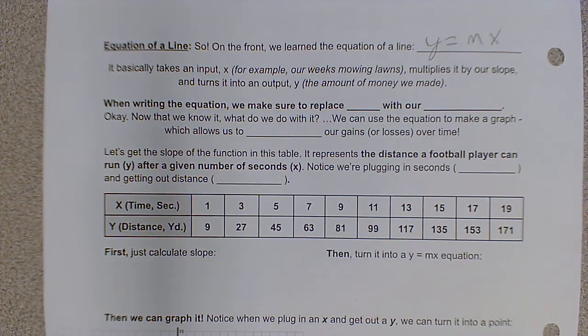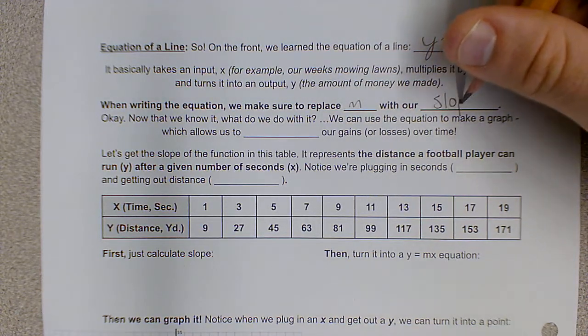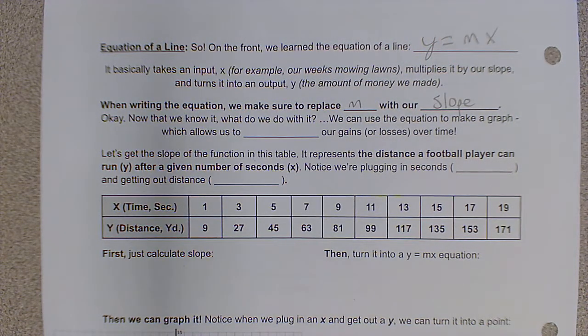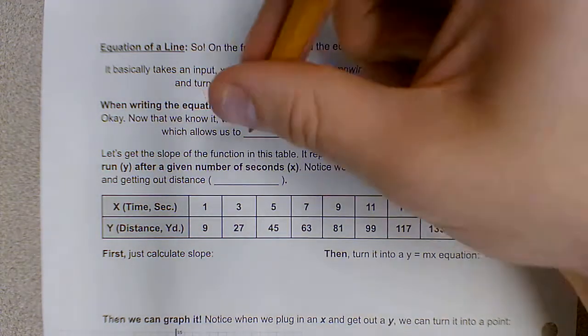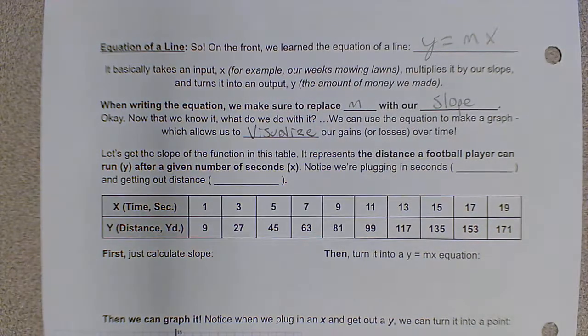When writing the equation, we make sure to replace m with our slope. Okay. Now that we know it, what do we do with it? We can use the equation to make a graph, which allows us to visualize our gains or losses over time.